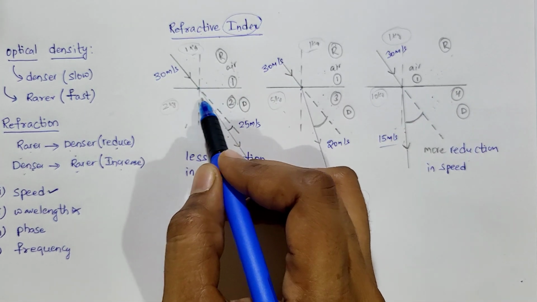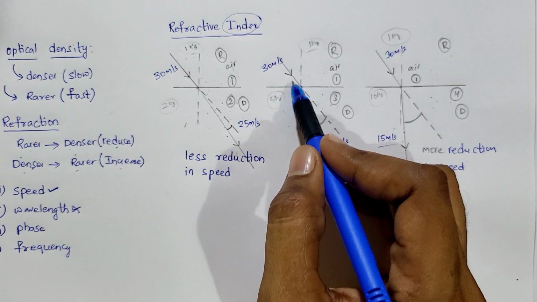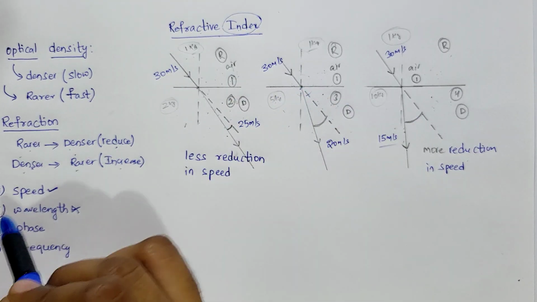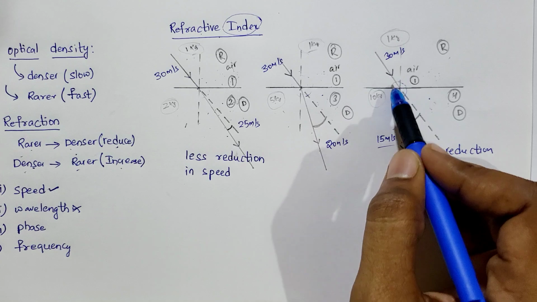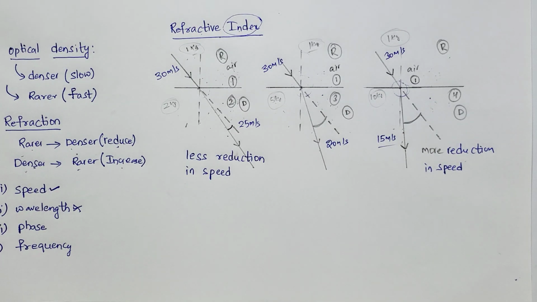This refraction has some index, that is the refractive index of this refraction. This refraction also has some index. So what is the refractive index giving us? Refractive index gives us the whole information present in the refraction.